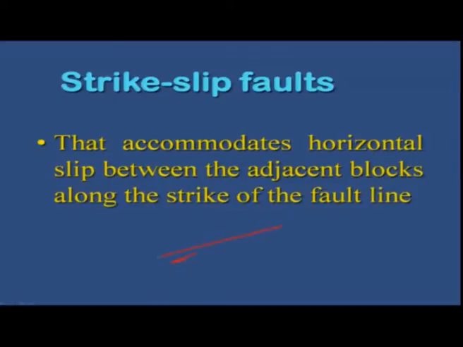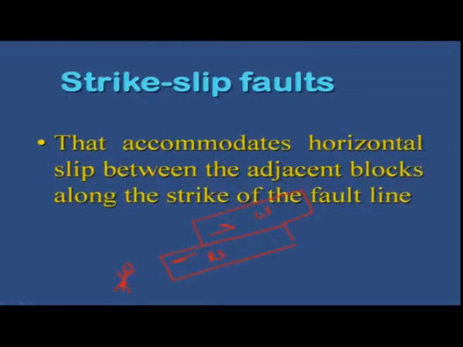Suppose the movement has occurred like this here, so this block has moved in this direction compared to this one, and this block has moved in the other direction. With the sense of where you are standing, you will say which block is moving. So this is your right, this is the right hand side and this is the left hand side. So this is termed as right lateral strike slip. We will talk about this very quickly in the coming slide.